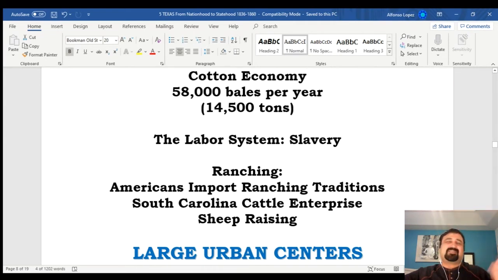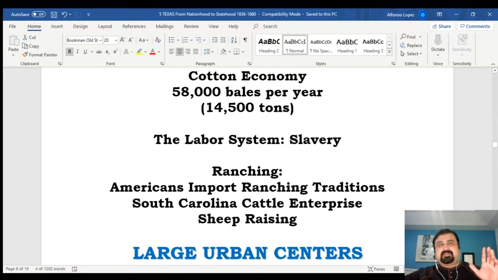You export products, there's money flowing into the country, that is to say. So during the Texas Republic, towards the latter years, when we look at, for example, 1845, Texas was already exporting 58,000 bales of cotton per year, the equivalent of 14,500 tons per year of cotton.